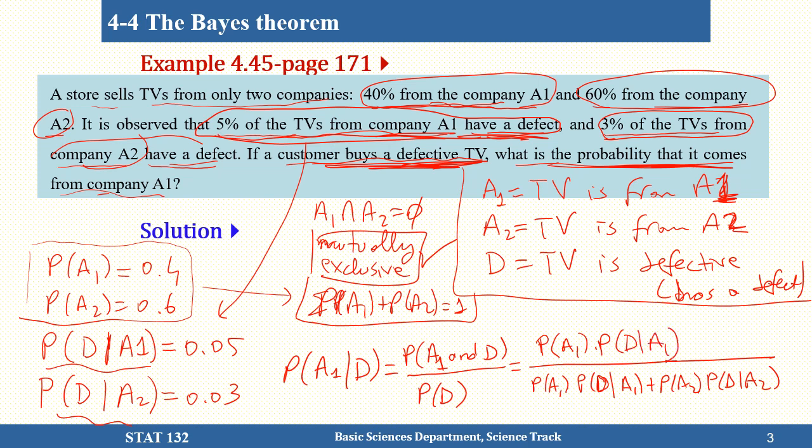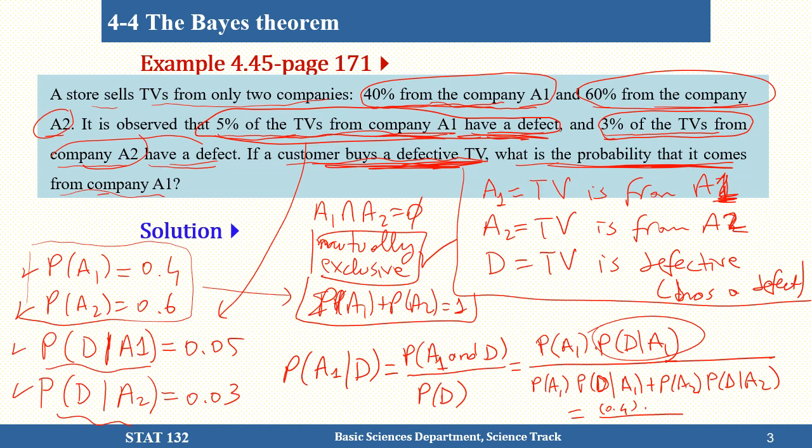So these are given to us. This is given, and these are given. And you can put all of them in the formula: A1 is 0.4. And how about this part here?